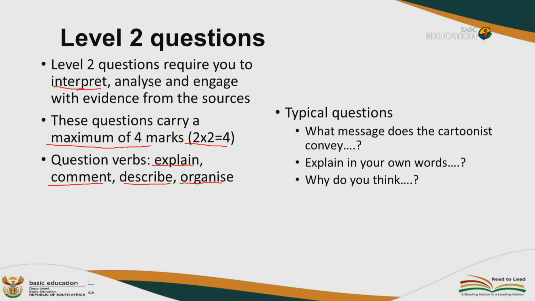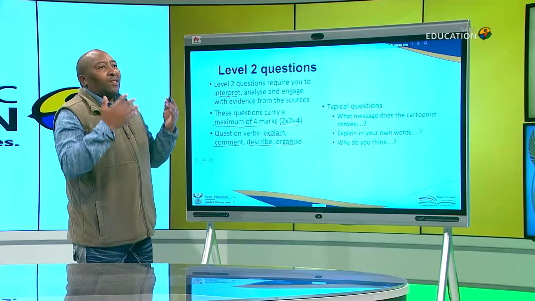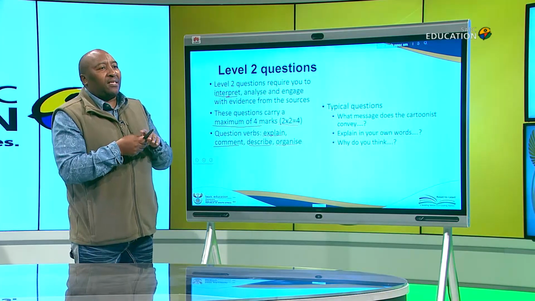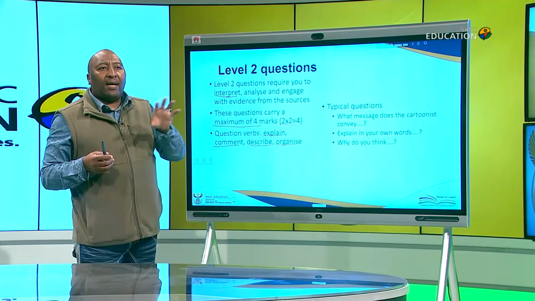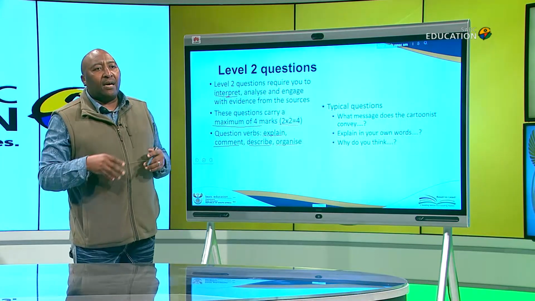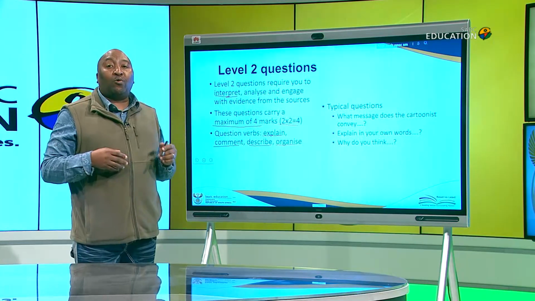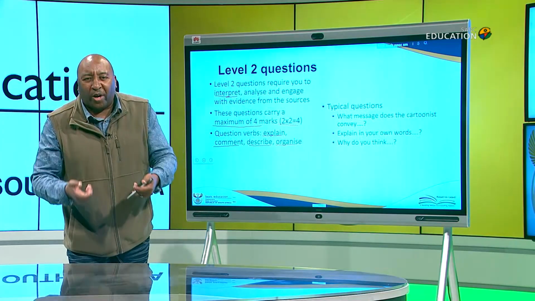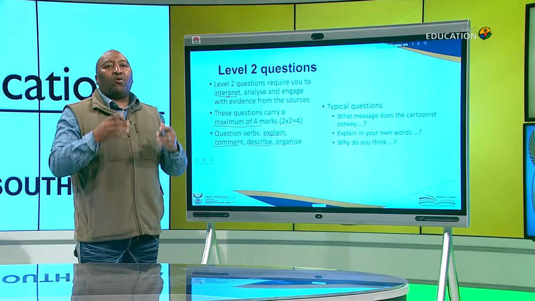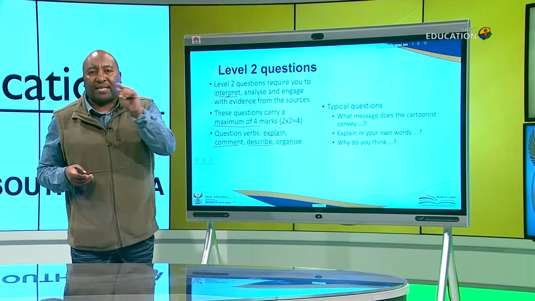So it may also say, explain in your own words. Now, if you do not have content with you, if you do not have the study of that particular aspect or topic, like the Black consciousness, it might be difficult for you to explain in your own words because you must interpret the information. You must not just use sources as they are.